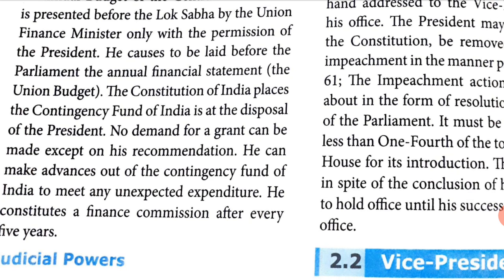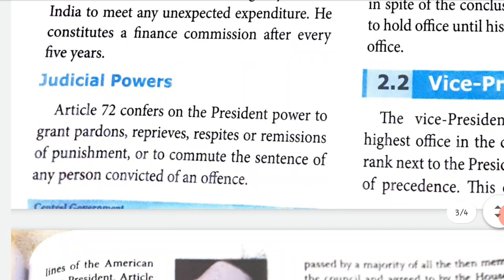Okay. Then judicial. Judicial is judge, judgment pass, court pass. Article 72 confers on the President the power to grant pardon. Pardon is what we say in Tamil, mannippu. So he has the power to grant pardon, reprieve, respite or remission of punishment.